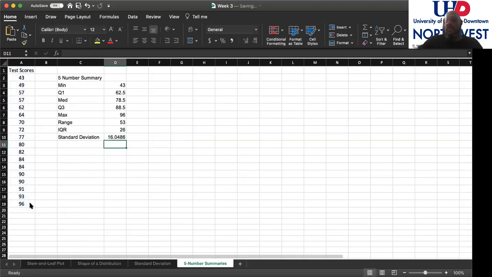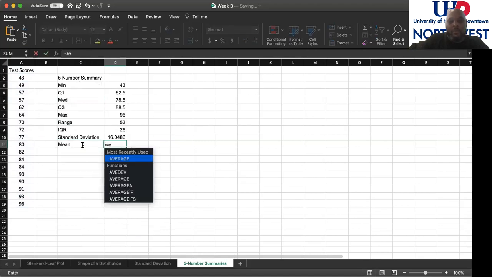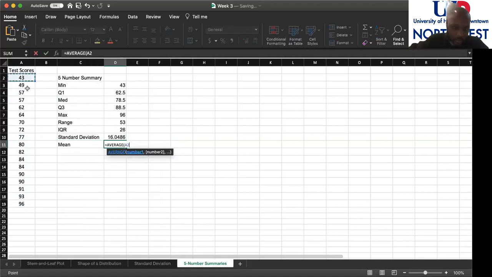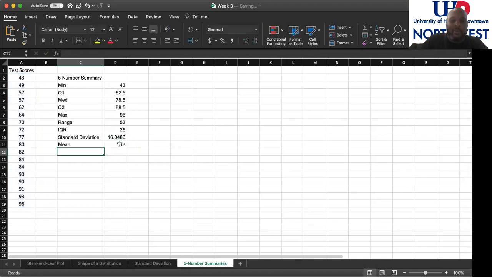There's your standard deviation at 16.0486. We can find the mean. The mean is just the average function. So highlight that, use the average function. We get this value right here.